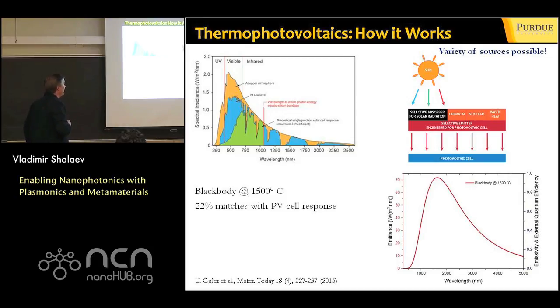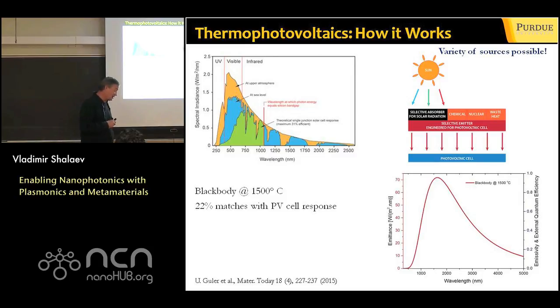On the other hand, it's well known theoretically that if you use a slightly different approach, where you simply heat up your object, and to heat it up you could use the sun, or actually any source of heat, like wasted heat, or fuel, then if you let it radiate as a black body, and the temperature is high enough, the conversion efficiency could be very high.